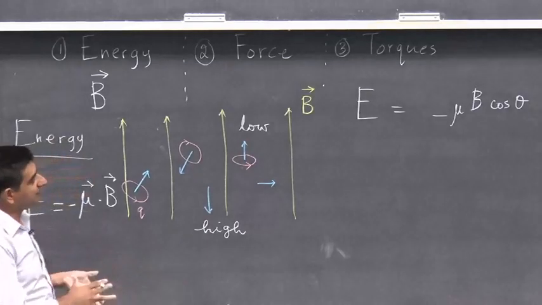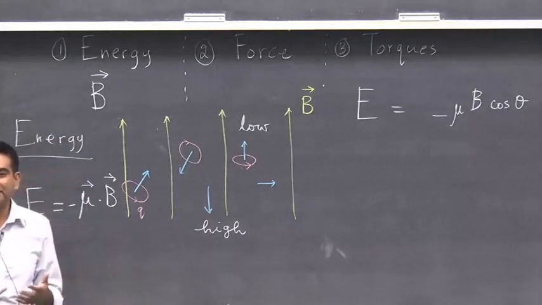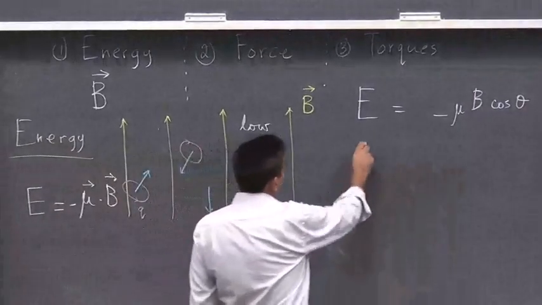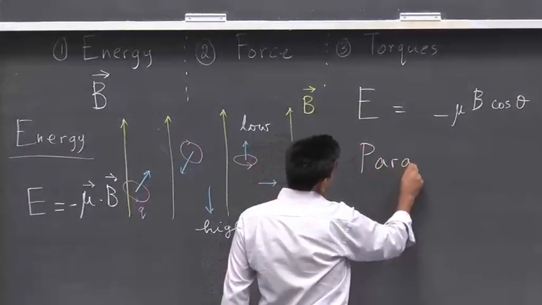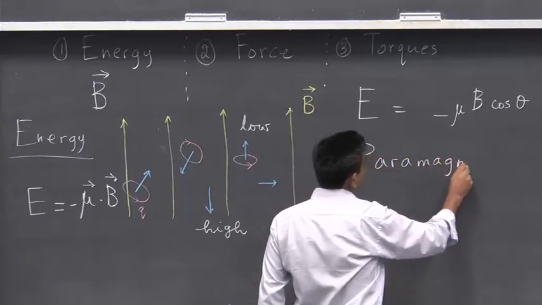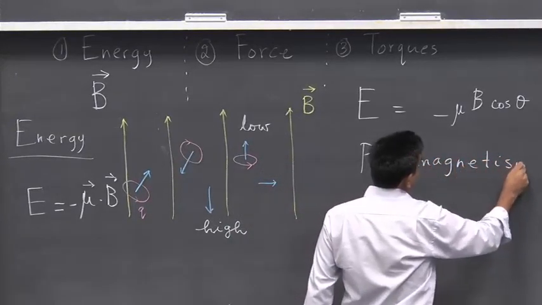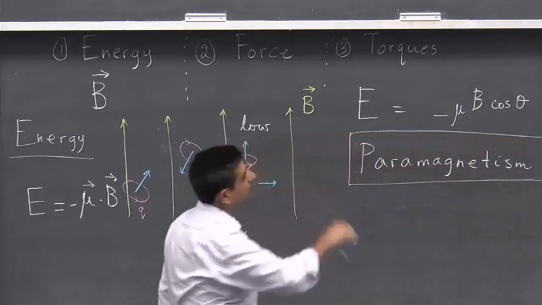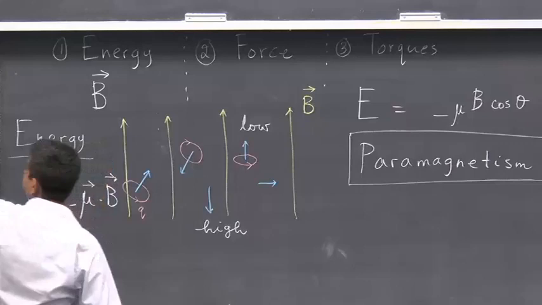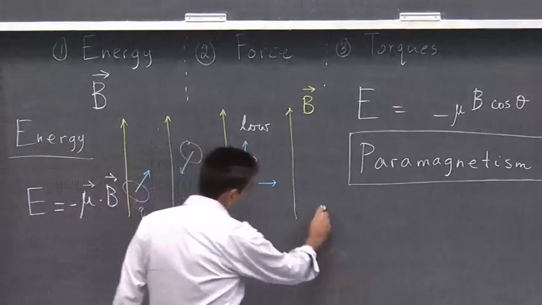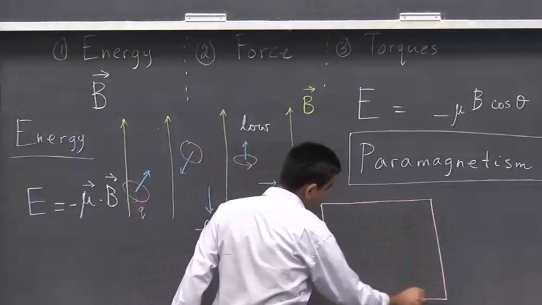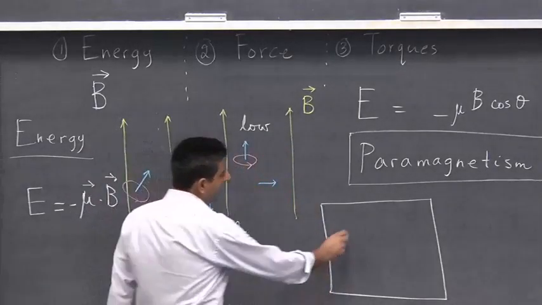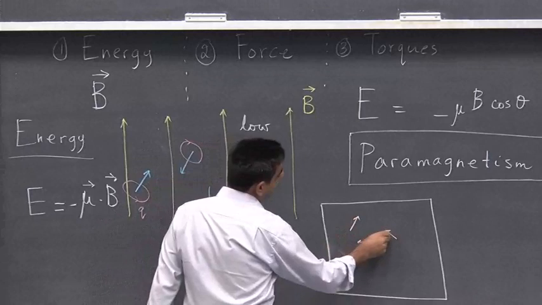Now this concept, when you combine it with statistical mechanics, gives rise to a class of materials that are called paramagnets. Now suppose you have this box which contains a large number of spins. It could be electron, proton spins, and these magnetic moments are pointing in different directions.